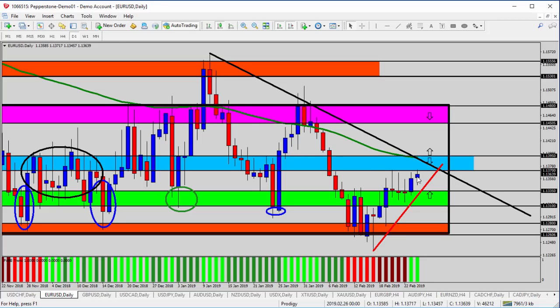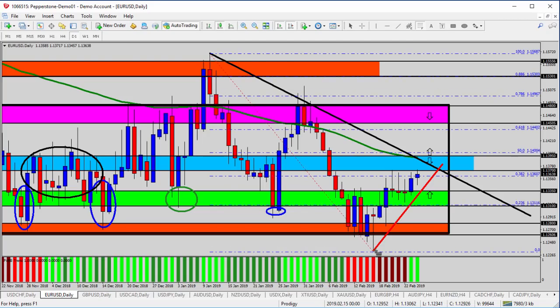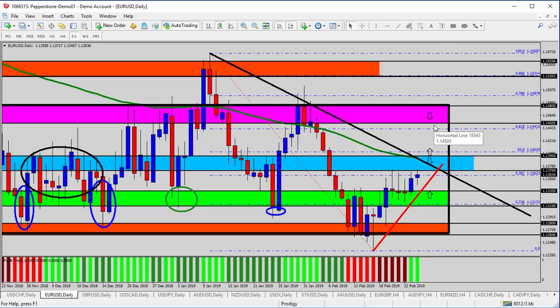Now if we really want to add some more weight to this blue zone, we could probably find some Fibonacci there. Let's go from the high of the black trend line to the low of the red trend line with Fibonacci. We now see the 382 Fibonacci retracement level sitting at 113.60, and that's just the bottom of the blue zone. 618 up here, by the way, is closer to the pink zone.